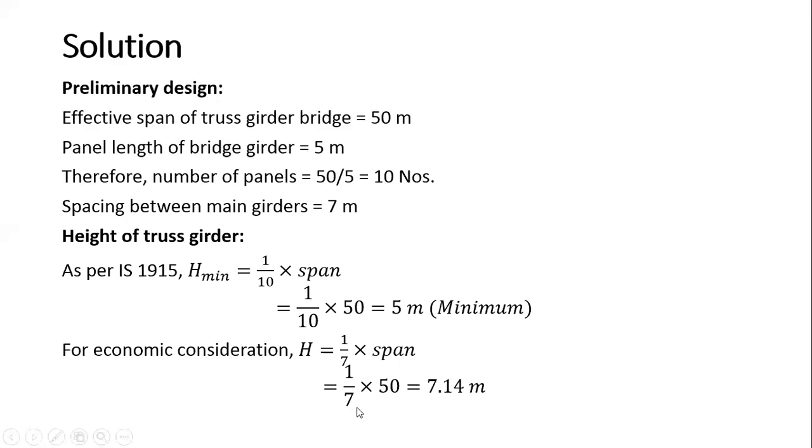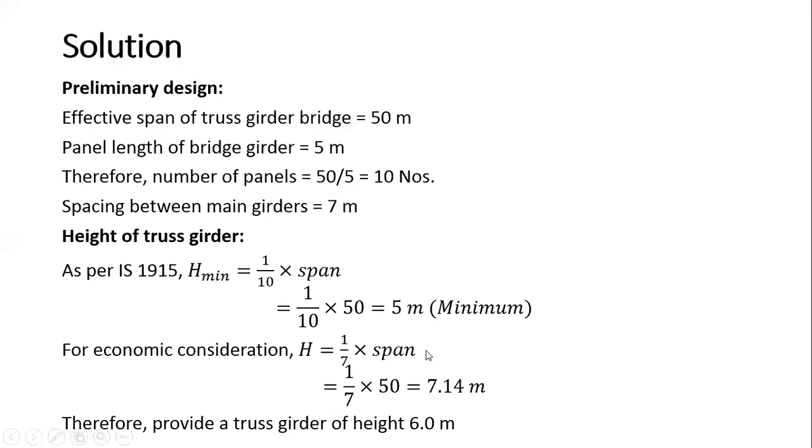So it comes out to be 1 by 7 of 50, 7.14 meters. So I have to choose a truss girder height of 6 meters, which is between 5 meters and 7.14 meters. This is the minimum consideration as per the IS code, and this is as per economic consideration. So I have to choose a whole value here as 6 meters.